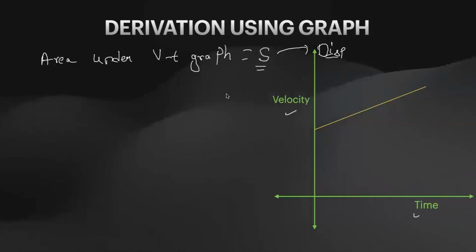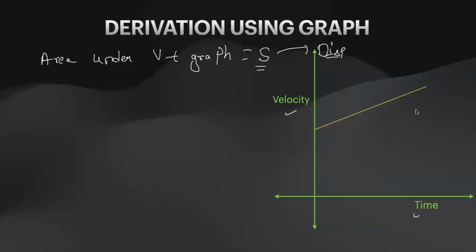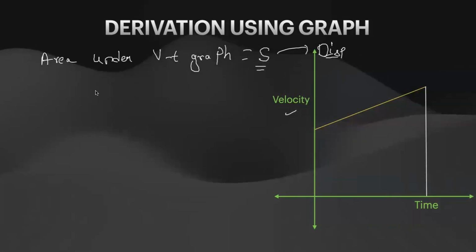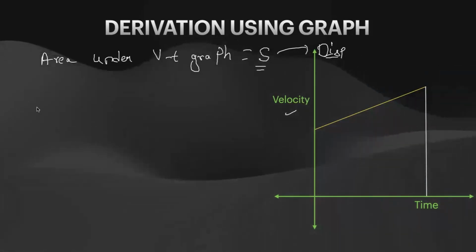So now let us find the area under this graph. To find it, let us draw some dotted lines. Here I will draw a perpendicular like this. What do we have over here? We have a trapezium.